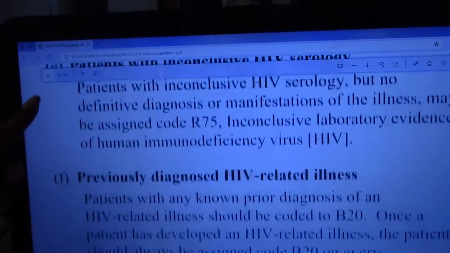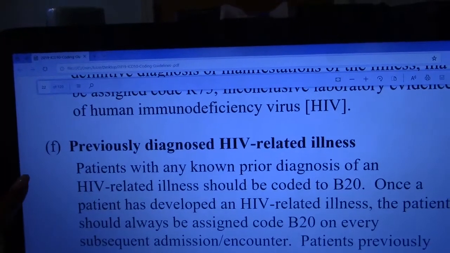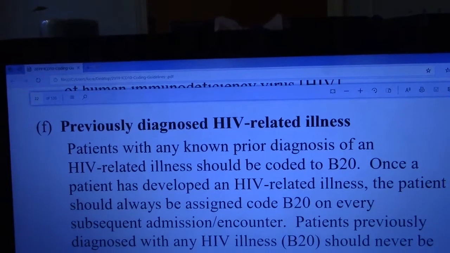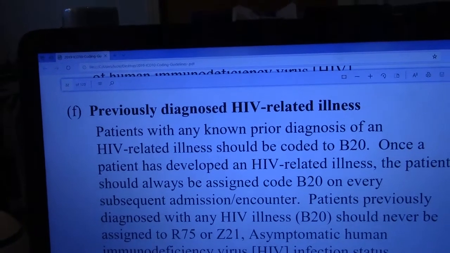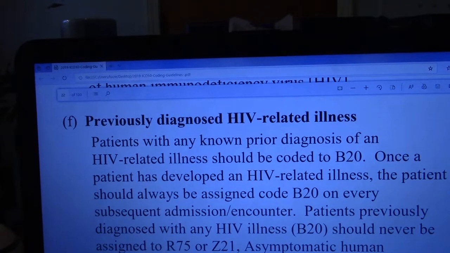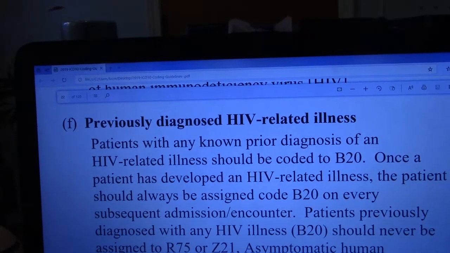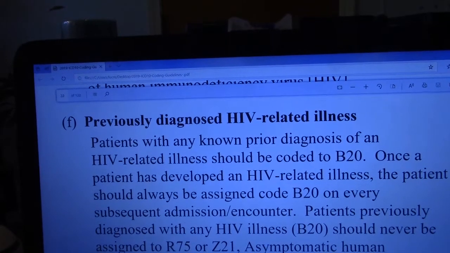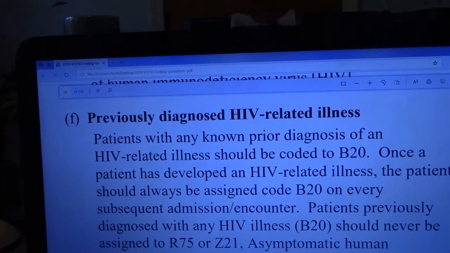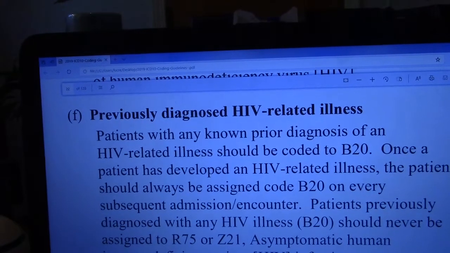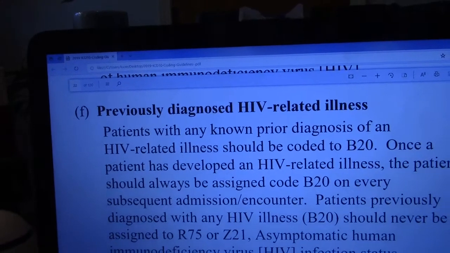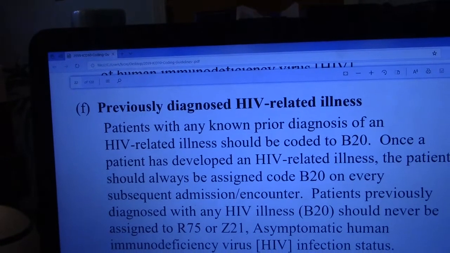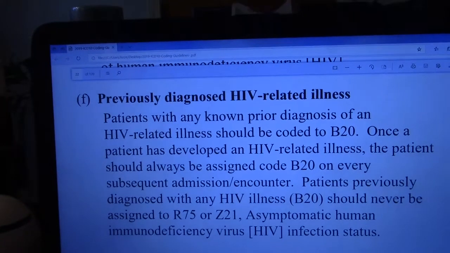And then F, previously diagnosed HIV-related illness. Patients with any known prior diagnoses of an HIV-related illness should be coded to B20. Once a patient has developed an HIV-related illness, the patient should always be assigned B20 on every subsequent admission or encounter.